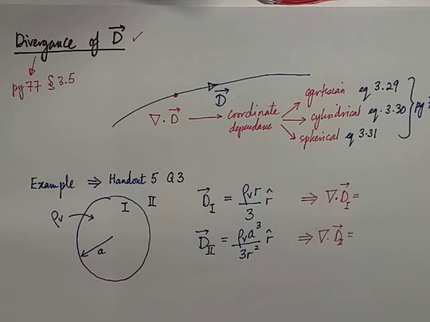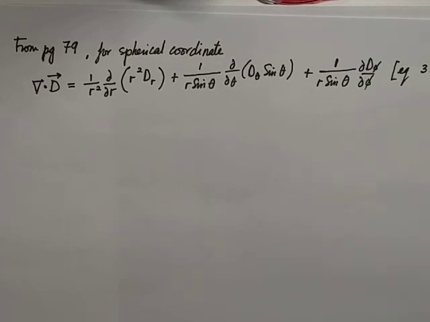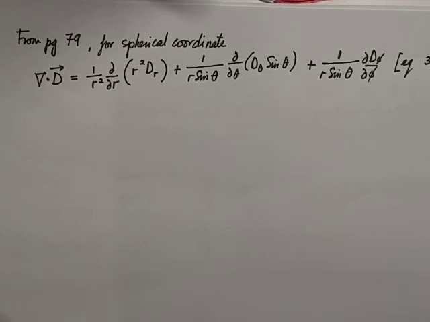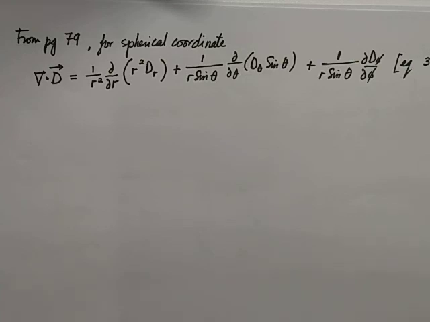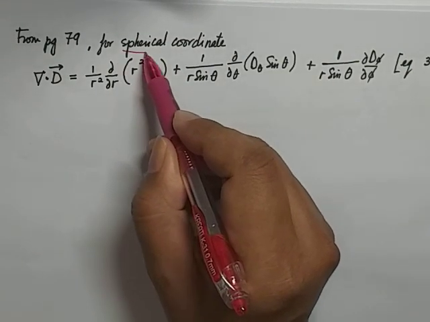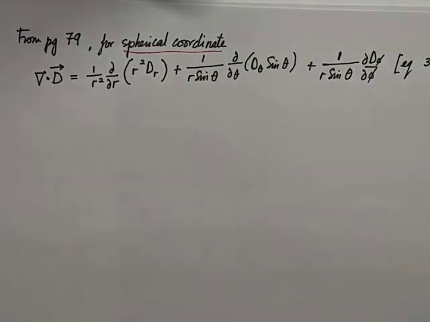Let's do that now. What I obtain from that equation, as shown to you now, is quite lengthy. So this is what we have to refer to, focusing especially on the spherical coordinate, because we are using spherical coordinates as our adopted coordinate system previously.